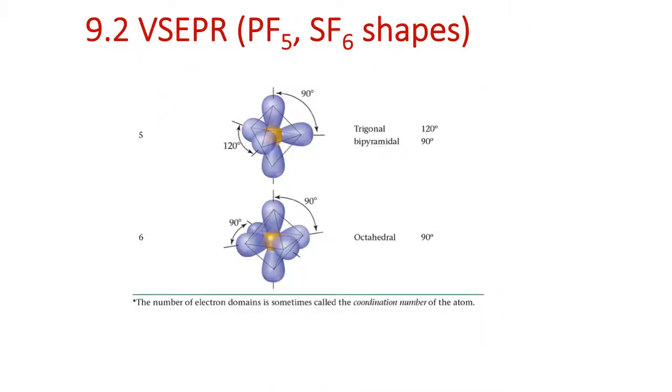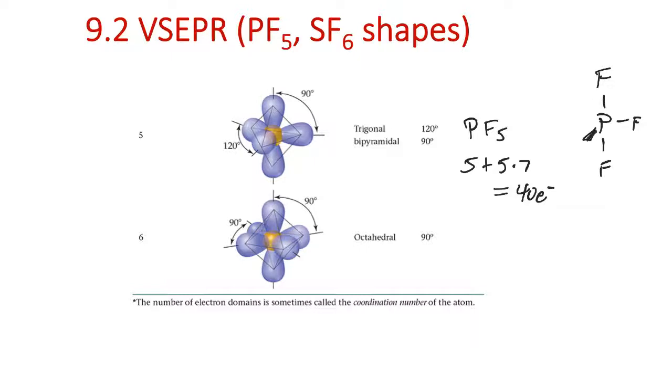So now the other types of shapes we encounter for larger molecules that have expanded octets are trigonal bipyramidal. This is the case for molecules like PF5. If you remember the Lewis structure for this case here, having 5 valence electrons for phosphorus, 5 times 7 for the fluorines, that's a total of 40 valence electrons. This was just the case of having a central atom like phosphorus with fluorine atoms.